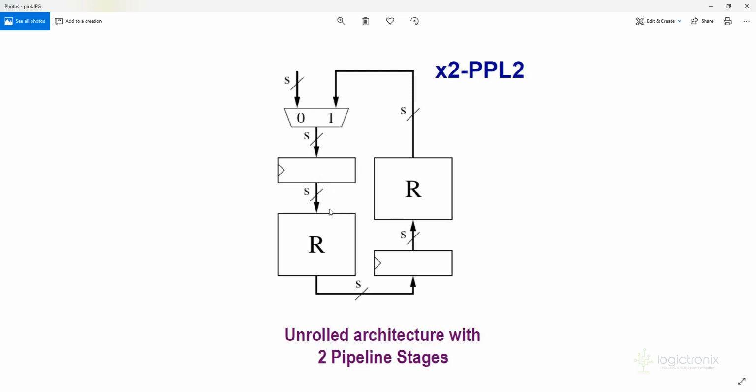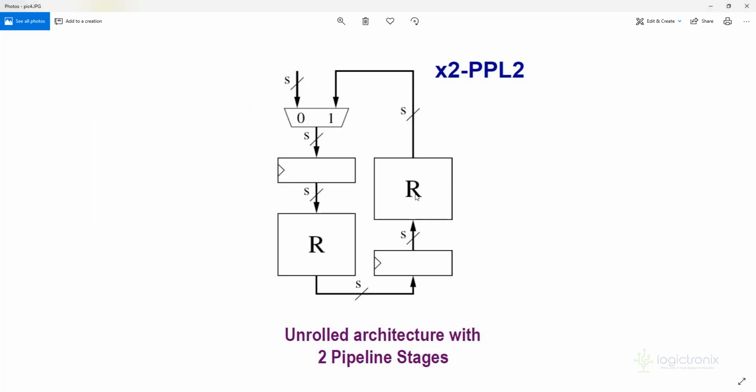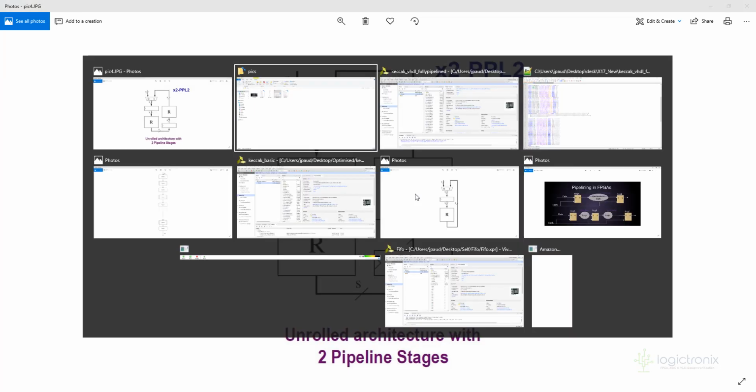This is better in terms of performance than the basic iterative architecture, but not as good as the fully unrolled architecture. So this is the two pipeline stages architecture, and I'll show you an architecture with 12 pipeline stages. So let's look at it.